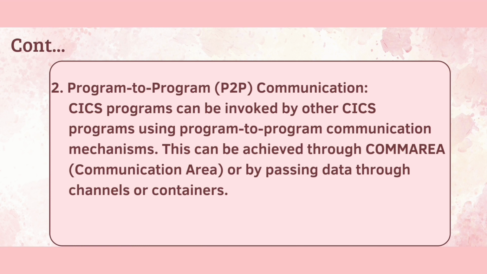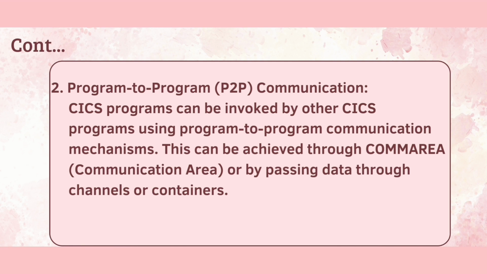Next is program to program, that is P2P communication. CICS programs can be invoked by other CICS programs using program to program communication mechanisms. This can be achieved through COMMAREA or communication area, or by passing data through channels or containers.